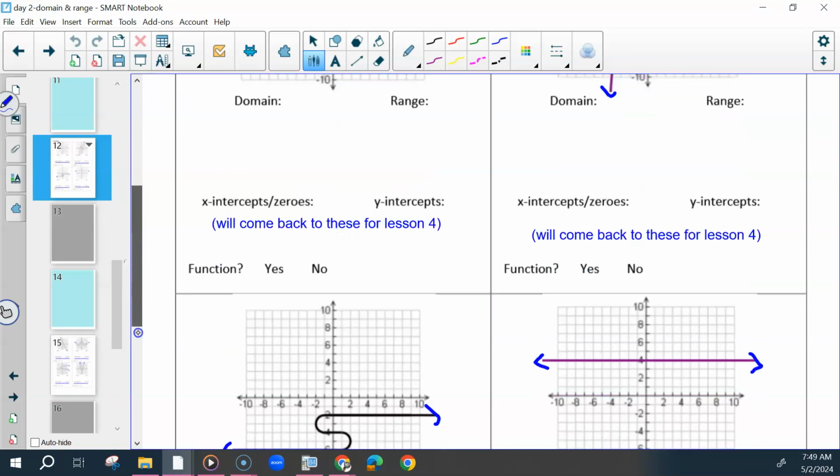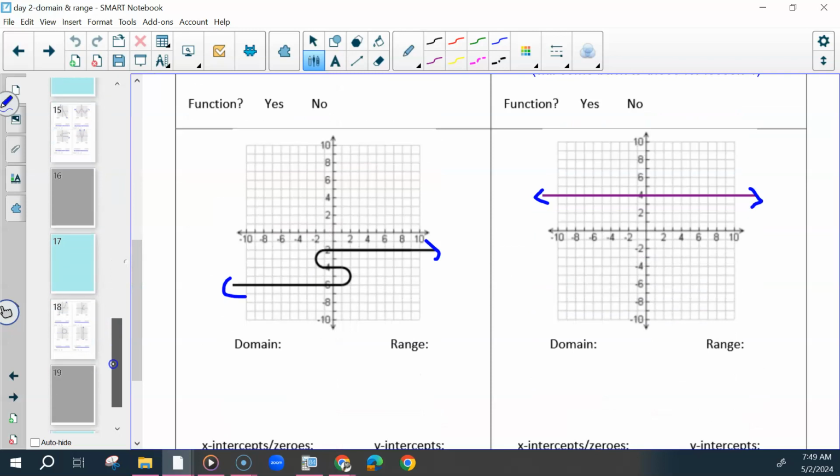We did these bottom two yesterday. I would say look at the last couple pages. If there's any you want to see, do go over and have questions about.